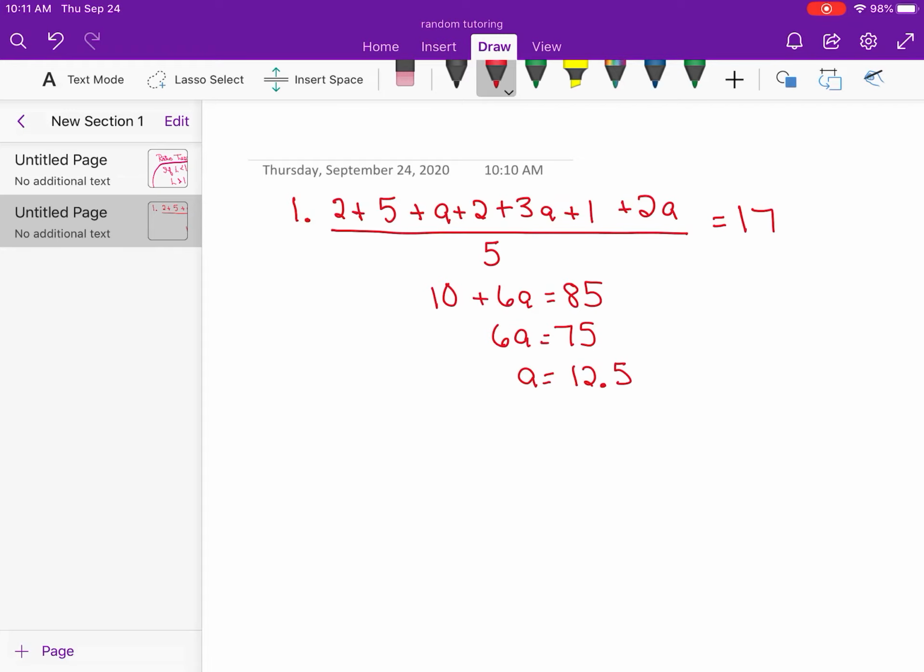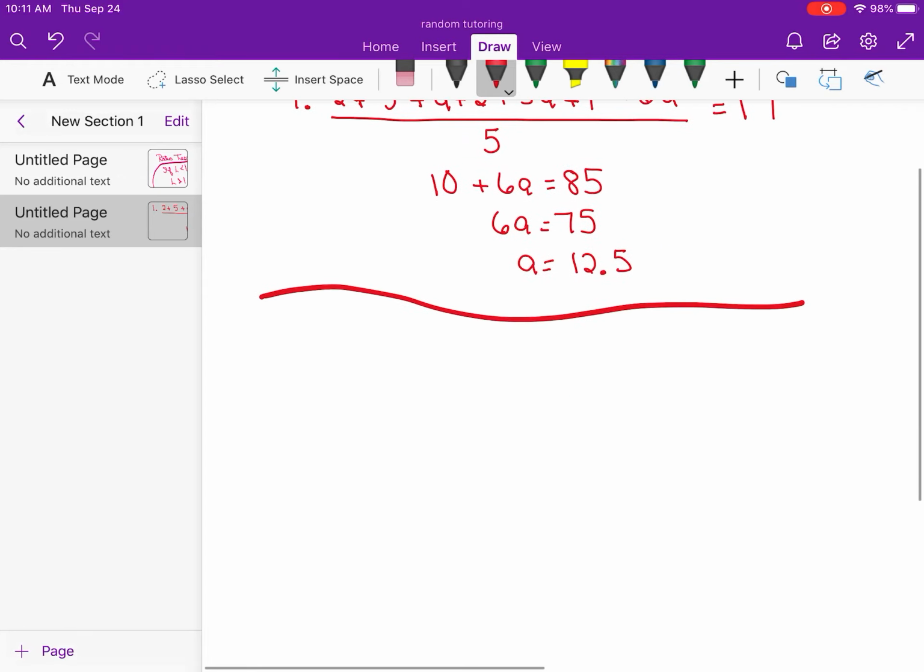All right, shoe size. My next question is shoe size. So you have the shoe size and the frequency. It says given that the mean is 5.9, find the value of x. But you have the frequencies.